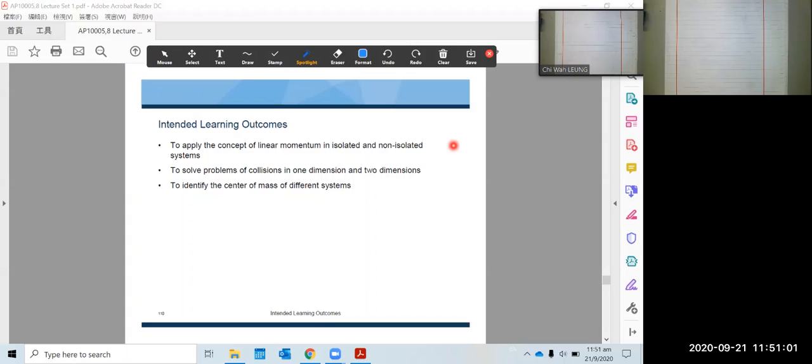But in some situations, we may not have easy access to the force. For example, when you have an object that is attached to the spring, and when it moves over a frictional surface, then you have many different forces associated with it.